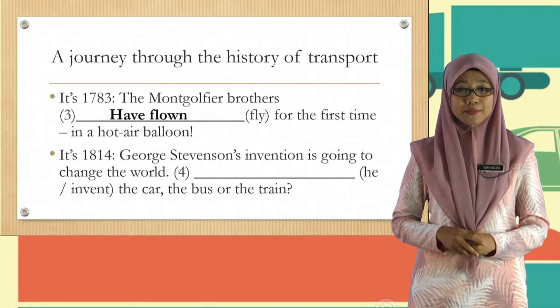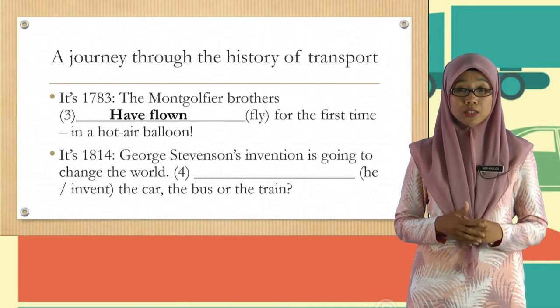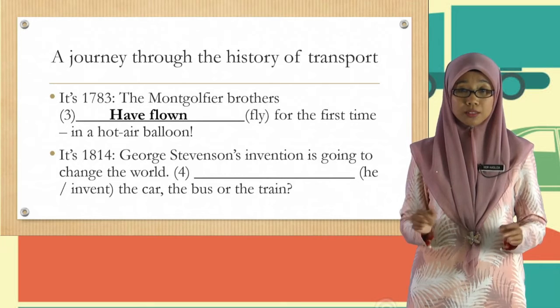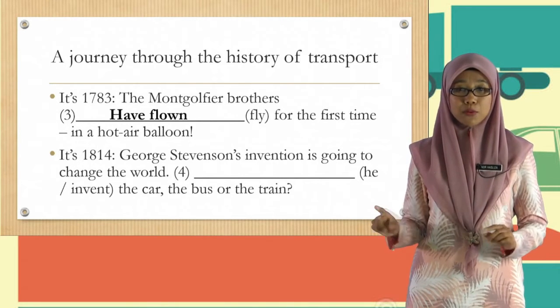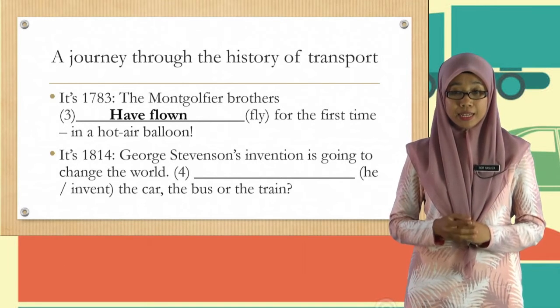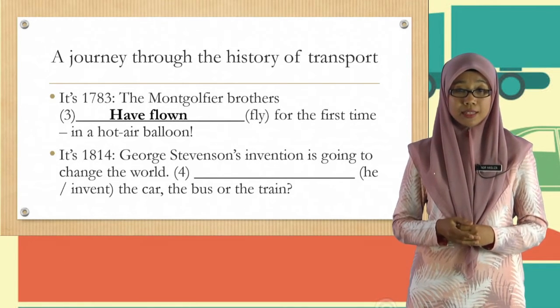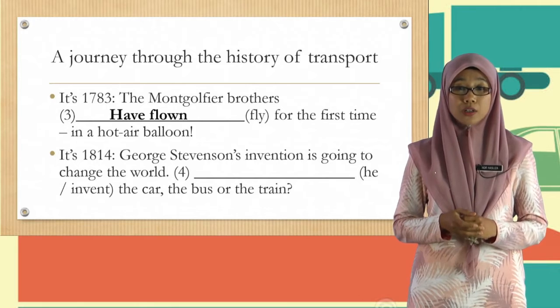Okay, next. It's 1814. George Stephenson's invention is going to change the world. Number 4. Blank space, in brackets we have he and also invent. He is the subject. He is the singular subject. The car, the bus or the train.